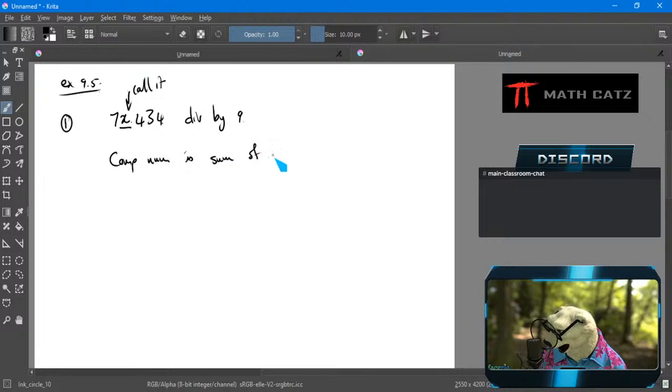Sum of the digits. And that's going to be 7 plus this mystery digit plus 4 plus 3 plus 4. What do I get? I get the mystery digit plus 11, and another 3 is 14, 18.